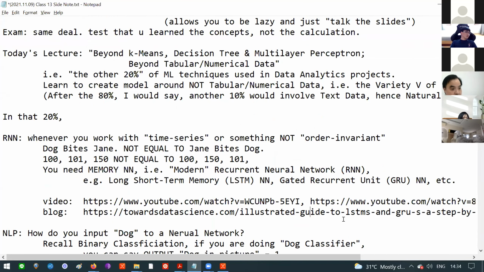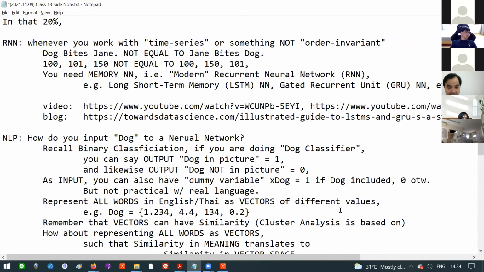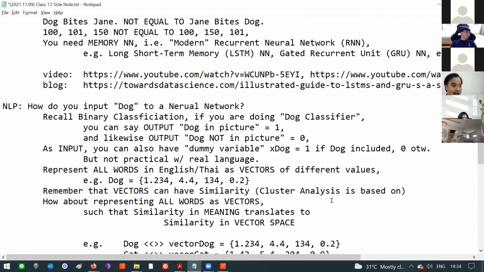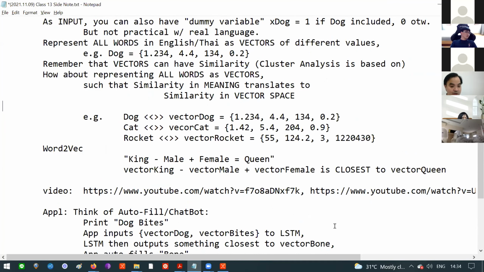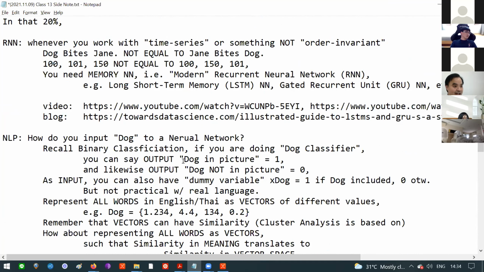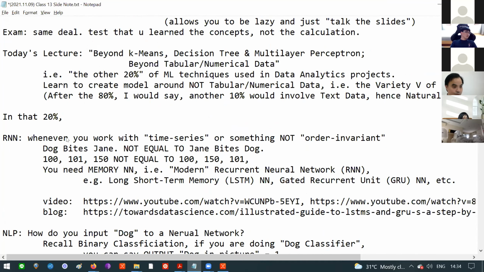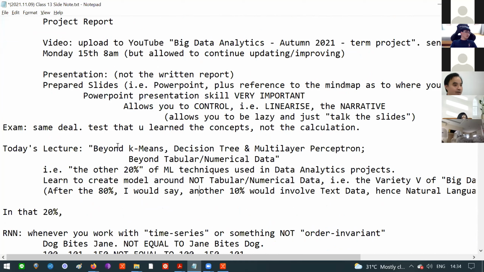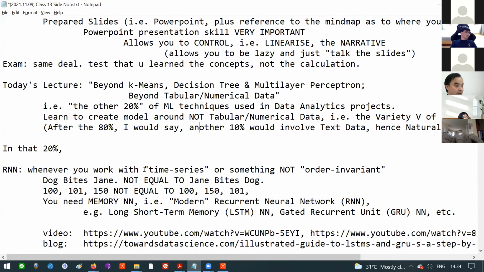Now, what is the most important thing that has happened in the last 15 years, 10 years? Literally 10 years, exactly. Let me put it this way. RNN, multi-layer perceptron, all this was available 20, 30 years ago.